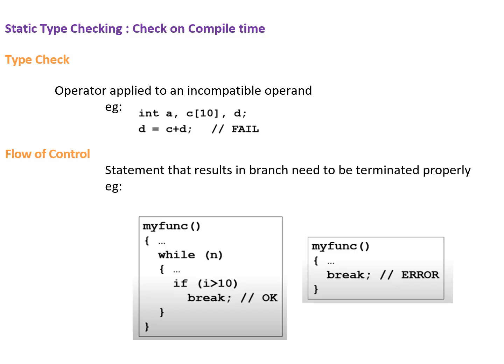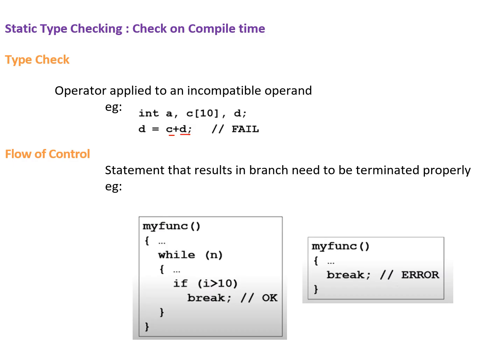Static type checking is divided into four different categories. One is the type check. For example, you have an operator, C plus D, but C is an array and D is an integer. This is not possible, so this type of error should not occur in your program.